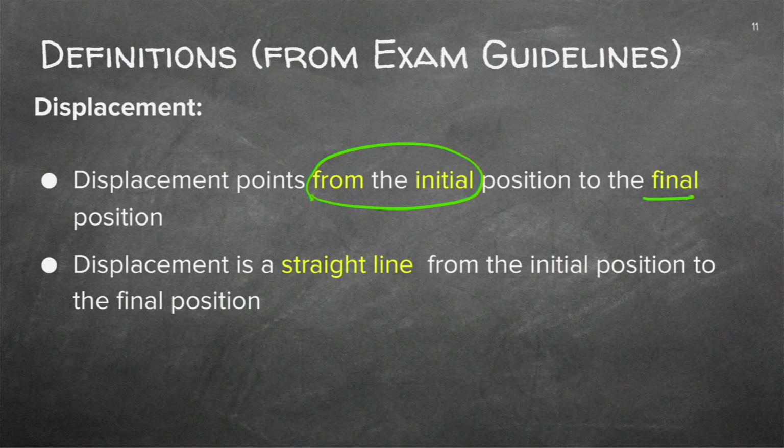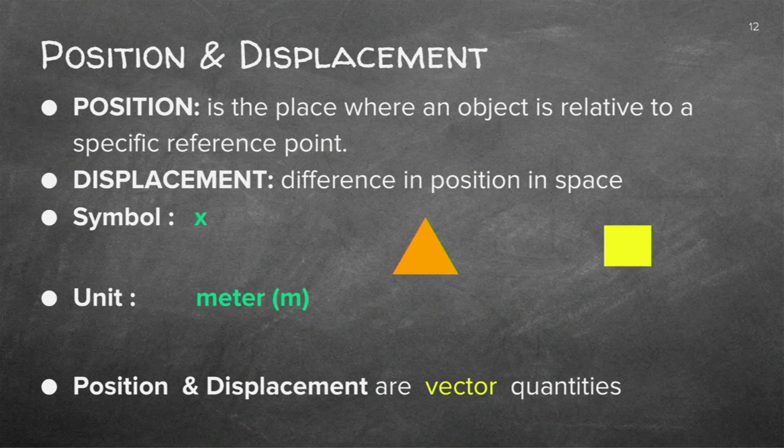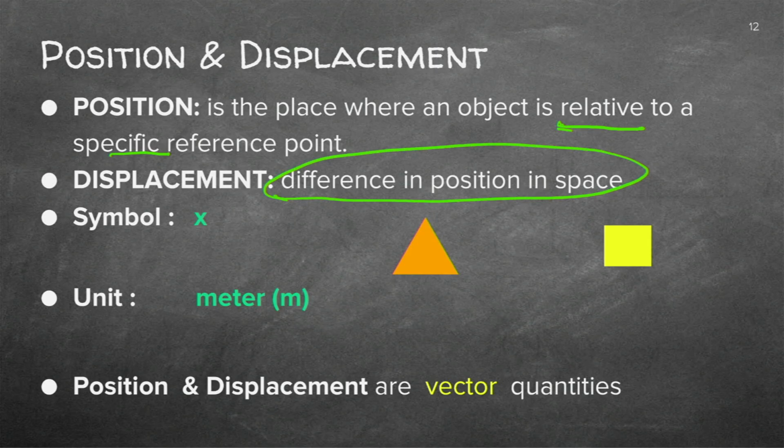So it's in actual fact similar to position. It's usually the straight line from the initial to the final point. Displacement, different place. So position is the place where the object is relative to the specific reference point. Displacement is, where is it in space?